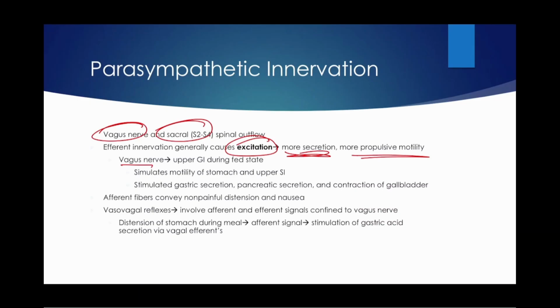Vagus nerve is mainly just the upper GI, motility of the stomach and upper GI. It stimulates gastric secretion, pancreatic secretion, and contraction of the gallbladder. We need all three of these things to successfully digest and absorb your food. So they all have to be there. They're all under parasympathetic control, which makes sense. Rest and digest. We're going to break down our food.